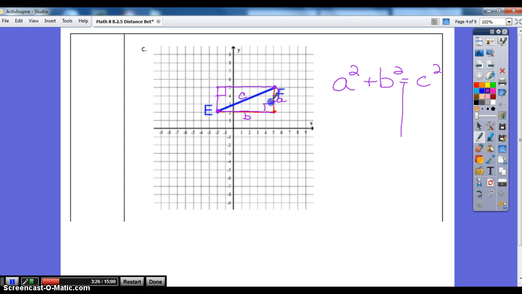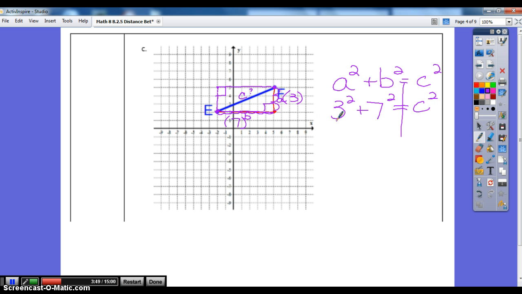Right, because it is 3 units. So 3 squared plus, what's B? 7 units, so 7 squared. So this is 3 units. This one is 7 units. And that still equals, we don't know what C is.